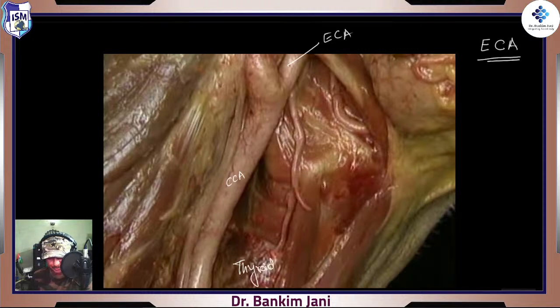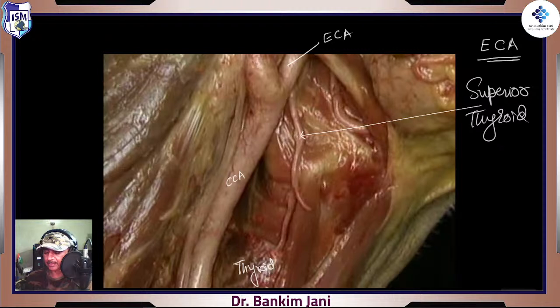So supply for the thyroid is coming from the top. There was already one artery, the inferior thyroid artery, from the thyrocervical trunk, which was from the subclavian. So we'll name this the superior thyroid artery. That was easy, and it will go to the thyroid.